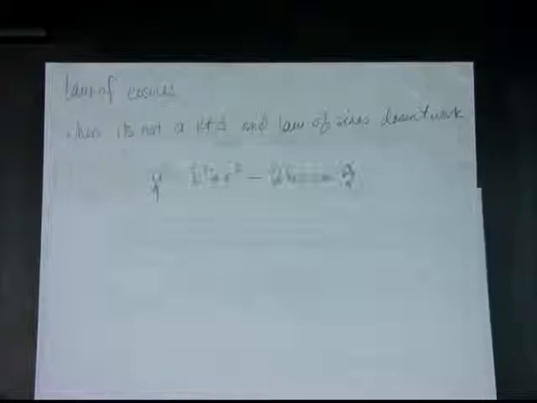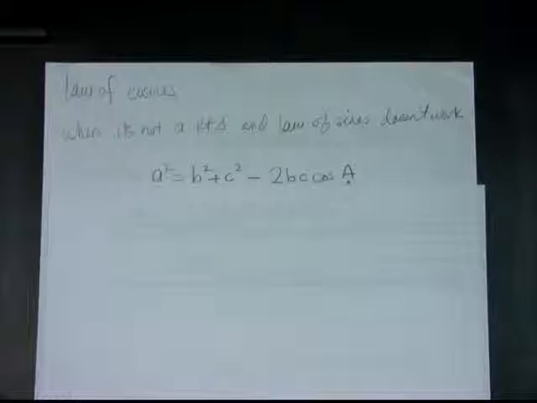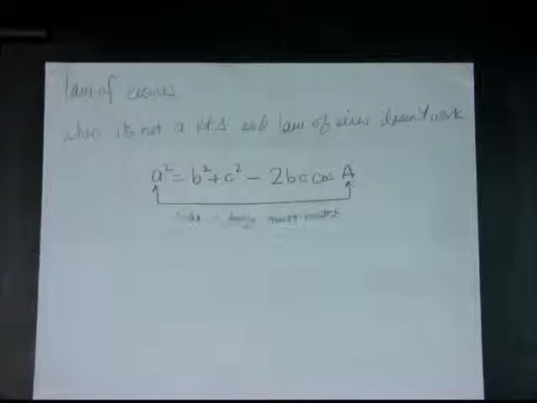The formula for the law of cosines is side squared equals the other two sides squared added together minus 2 times those other sides times the cosine of the angle. What's important about the law of cosines is that the side and that angle must match.